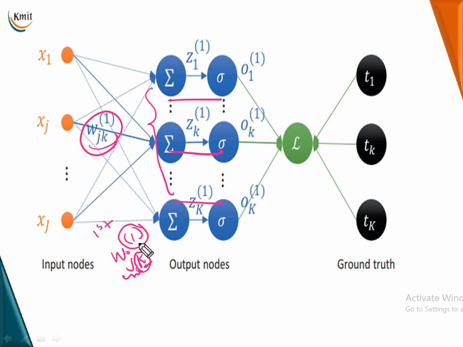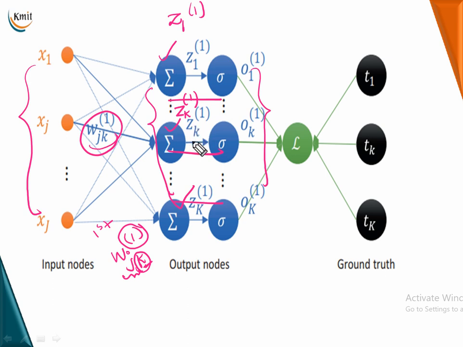Okay, so now for this first layer where you have k number of neurons, you are expecting k number of outputs out of total j input nodes. In between you will have this linear relationship that you are forming before giving it to a logical function. You will have z1 of the first layer, z2 of the first layer, and so on up to zk of the first layer, correct?